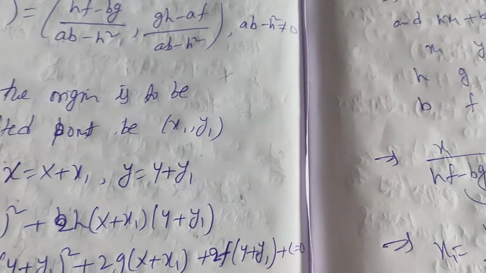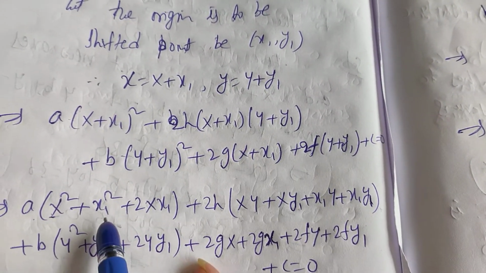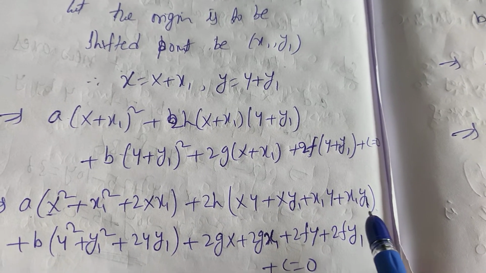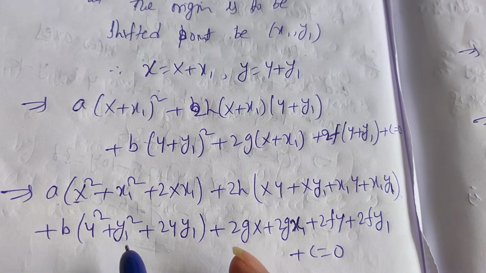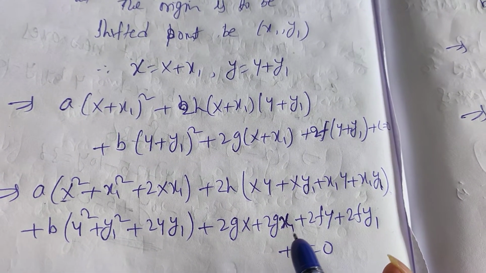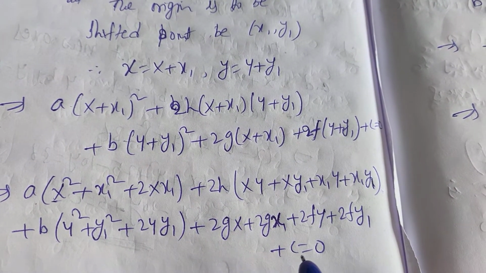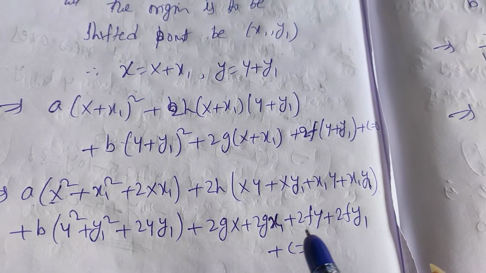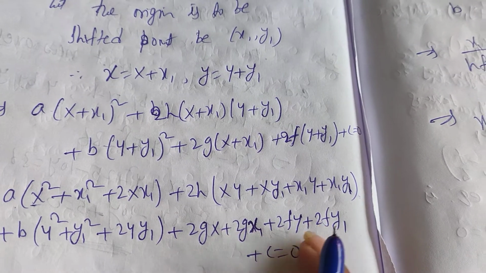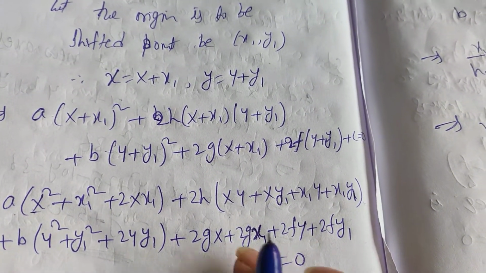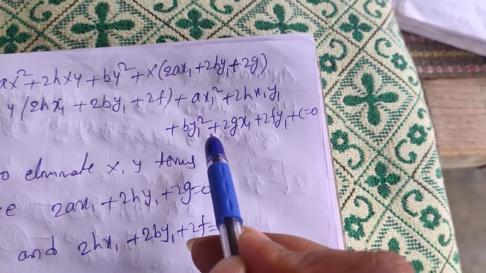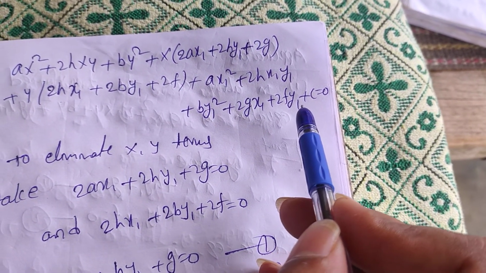Plus the remaining terms, if you want, write ax1 square here, and 2hx1y1 here, and by1 square is here, and plus c is equal to 0, and 2gx1 is there, and 2fy1 also is there. So we didn't use these remaining terms. So totally we have ax1 square plus 2hx1y1 plus by1 square plus 2gx1 plus 2fy1 plus c is equal to 0.